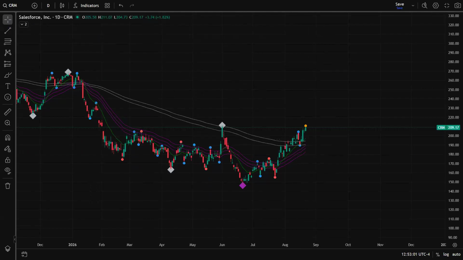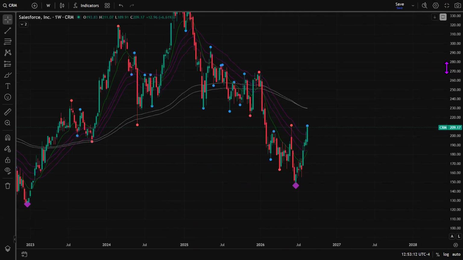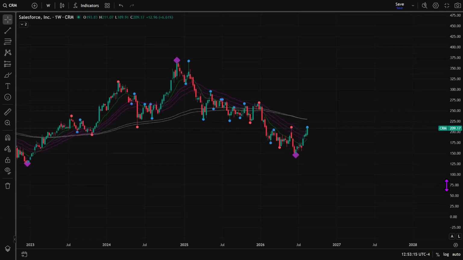And if we look at the weekly, even the weekly is in a downtrend, and this is more of a correction. Whenever the weekly wave is below the tunnel, I call that a downtrend. And if we're bouncing, I call it a correction.